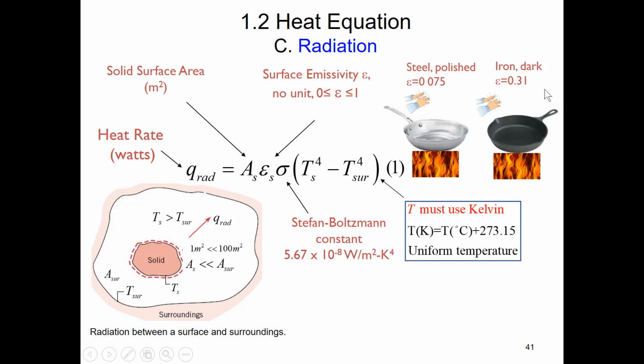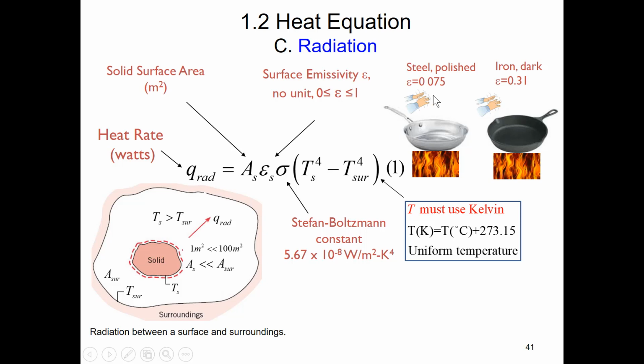From this experiment, we learned that different material surface has the different ability to deliver radiation heat. This kind of ability is measured and represented by the surface emissivity epsilon.